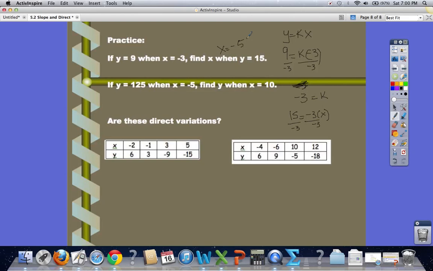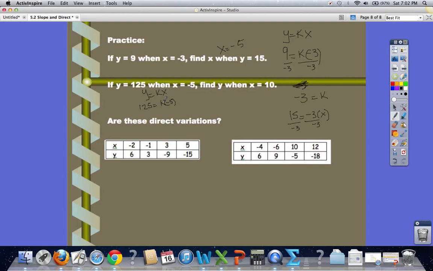All right, let's try another one. It says if y is 125 when x is negative 5, find y when x is 10. Again, you use your y is equal to kx. Y is 125 when x is negative 5, and we're looking for k again.